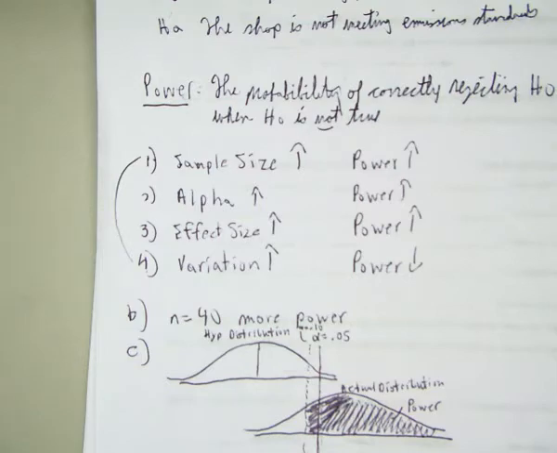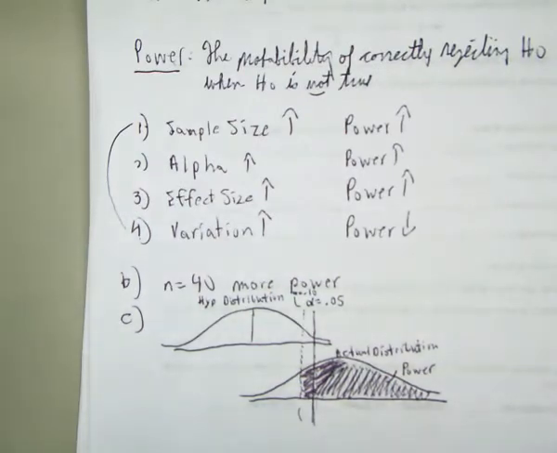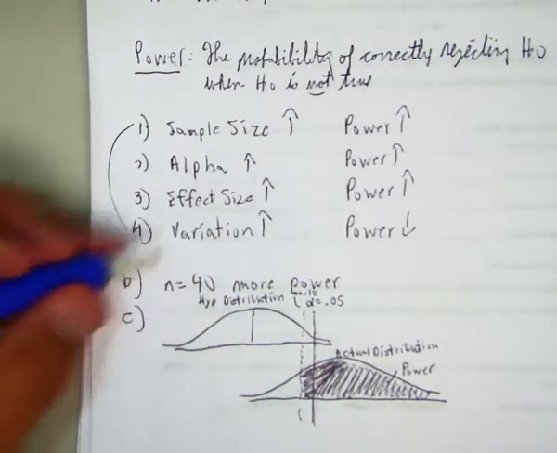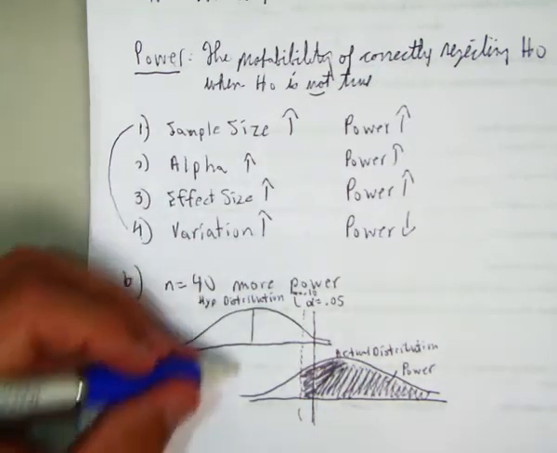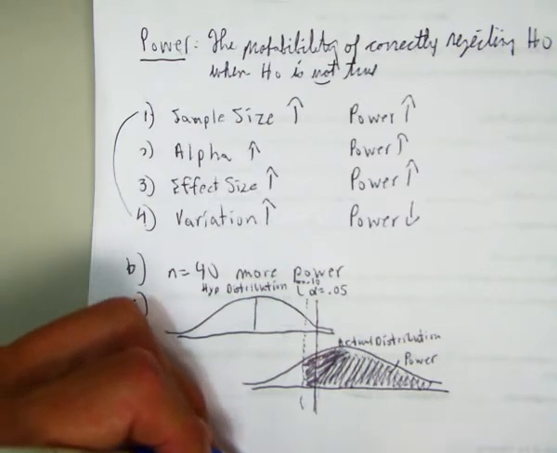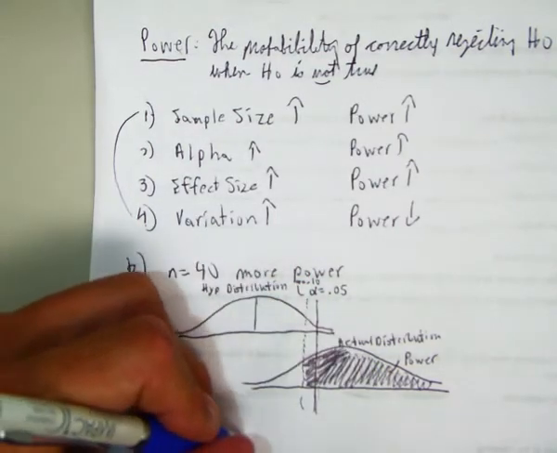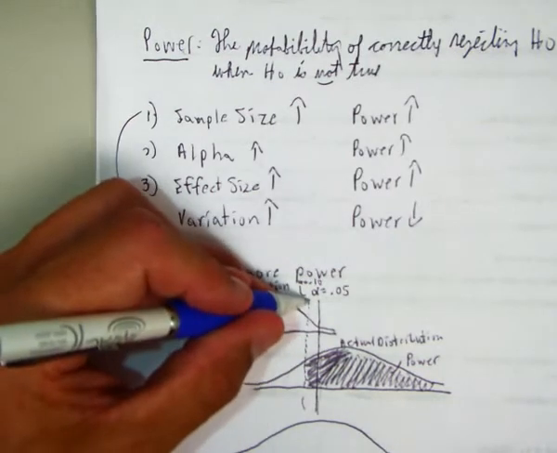And then, well, the question is, will it be more powerful if it's a little or a lot out of compliance? Okay, let's say that this is an auto shop that's way out of compliance, and that's the actual distribution. So I'm going to draw another one down here that is only a little bit out of compliance.